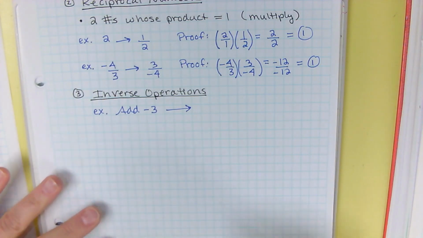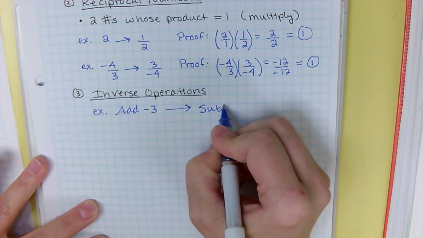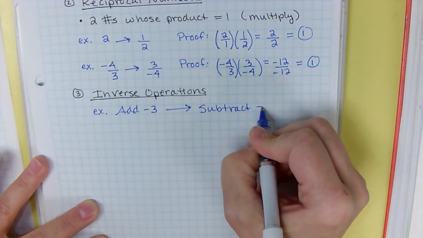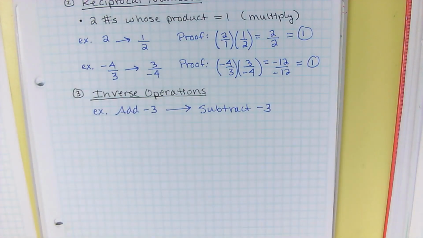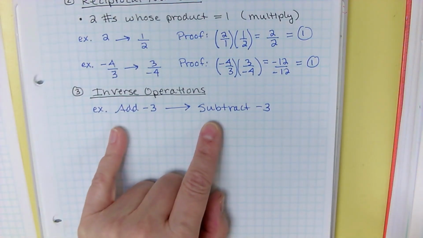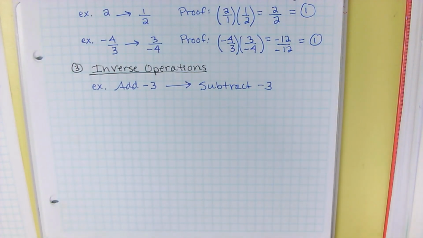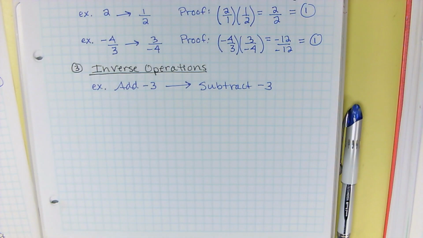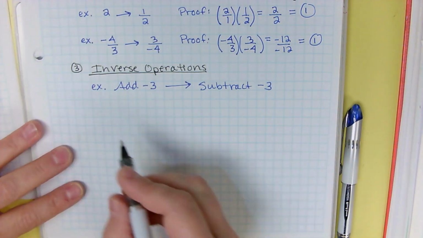The inverse of add -3 is subtract -3. Notice the -3 doesn't change, only the operation changes. So if it was multiply, what would be the inverse operation of multiply? Divide. Yeah, so those two are inverses of each other. Okay, so those are the vocabulary words you need.